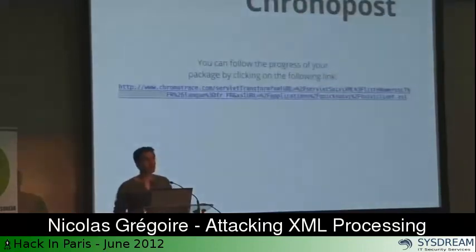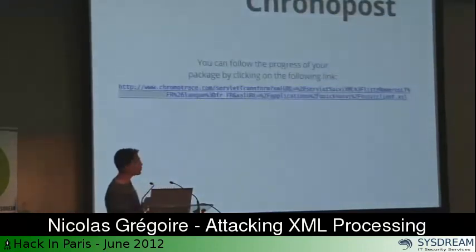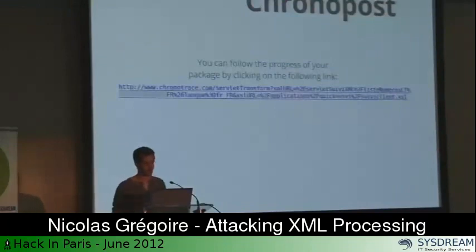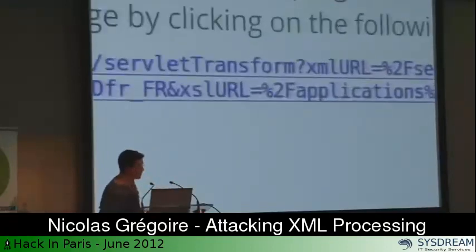We are in France, so everybody knows Chronopost. For foreigners, it's a French shipping service. If you are using the professional version, you get some tracking by email, and you get this kind of link in the email. If we zoom, we have two parameters, which are XML URL and XSL URL, so exactly similar to the W3C application.